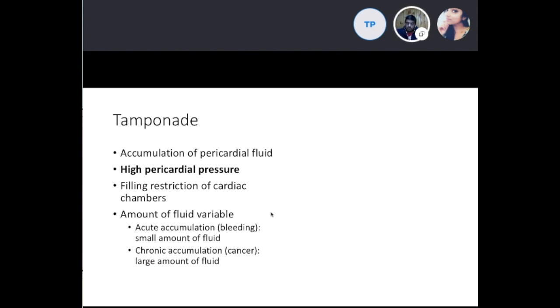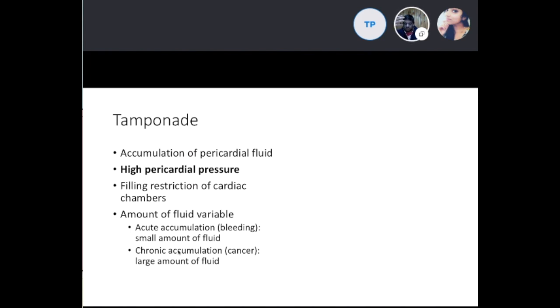When you have an acute accumulation, such as a bleed or a small amount of fluid, the pericardium has no time to stretch out for that acute change. That's why a small amount of fluid can lead to big damage, with an increase in pressures and decrease in filling. However, in chronic accumulation, the pericardium has time to stretch.